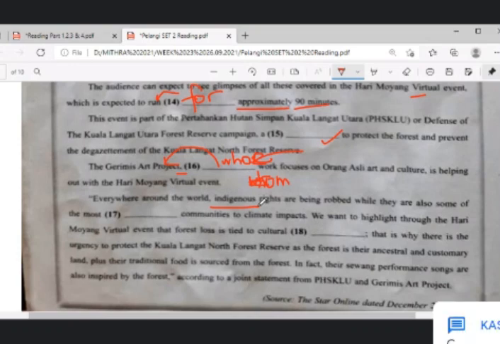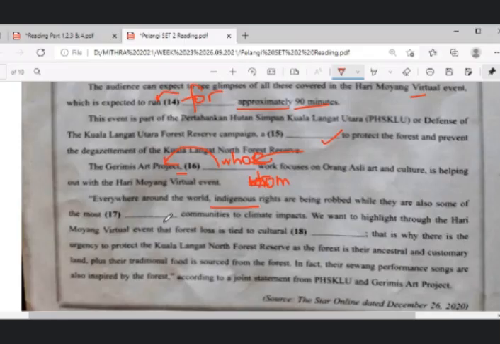So in this situation, you should know the meaning of this word. Indigenous means aborigine, or native. Native means one's place of origin, where we were born, our country, our authenticity.